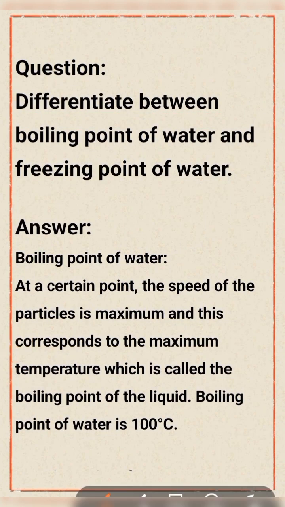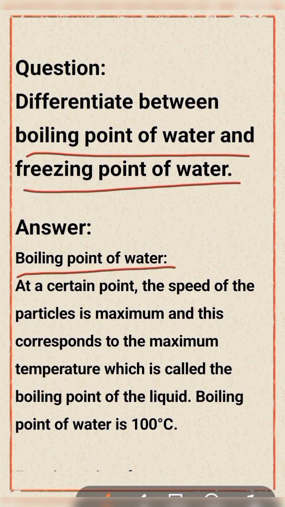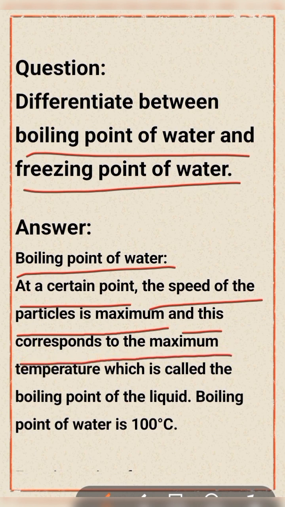Differentiate between the boiling point of water and the freezing point of water. Boiling point of water: at a certain point the speed of the particles is maximum and this corresponds to the maximum temperature, which is called the boiling point of the liquid. The boiling point of water is 100 degrees centigrade.